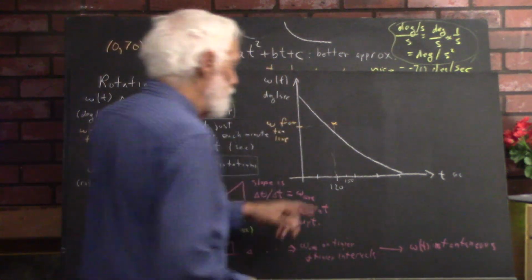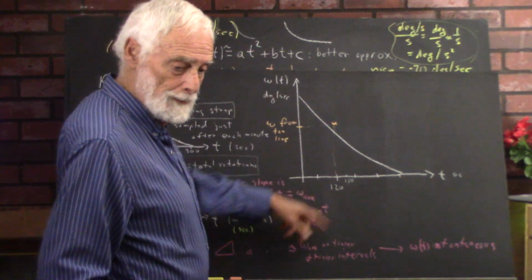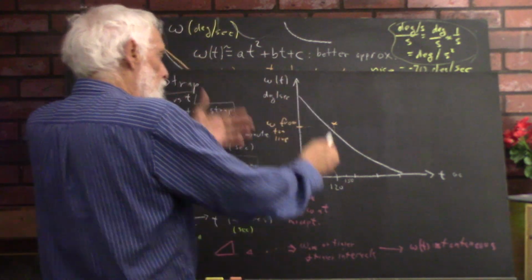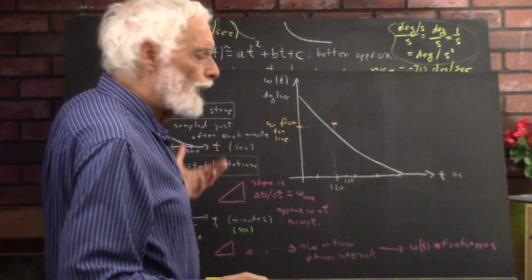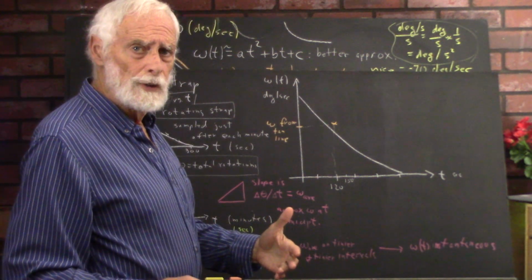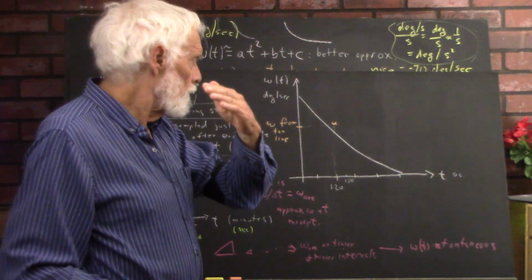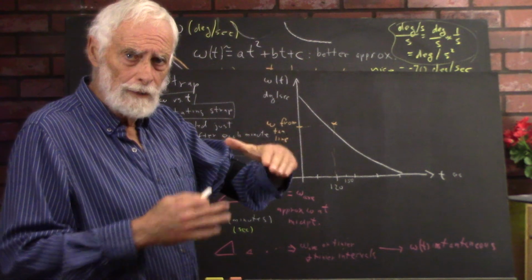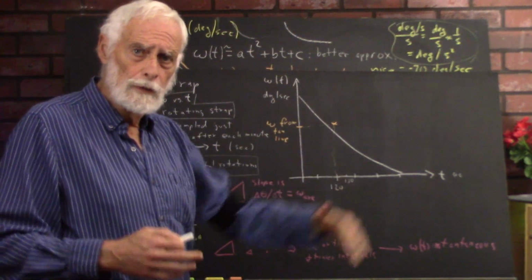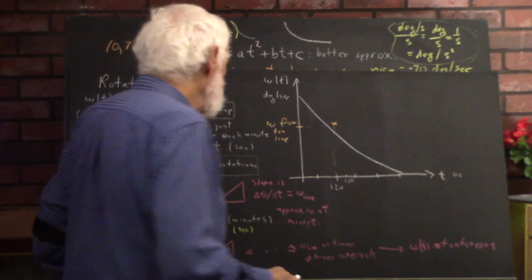Now we also had a data point at 2 minutes, 120 seconds. That data point might lie above or below the curve. It's not possible for it to lie on the ideal curve. So you shouldn't try to make your curve go right through every data point. It's not going to happen. Your data points have fluctuations. You're going to have to wobble your curve around to go through all the data points.